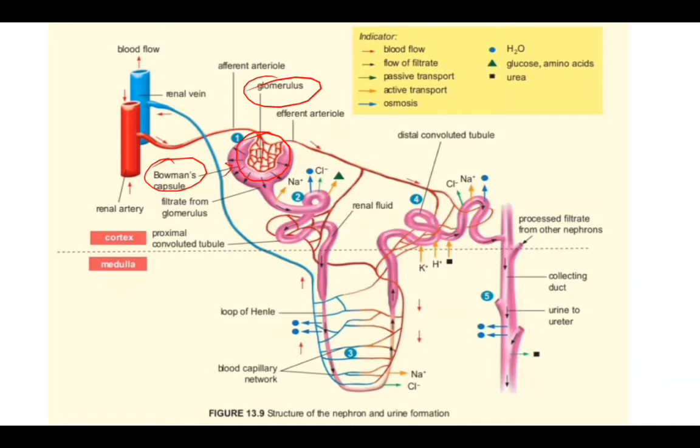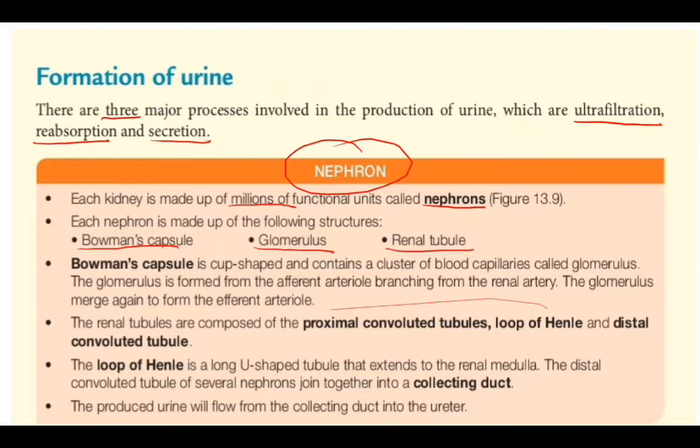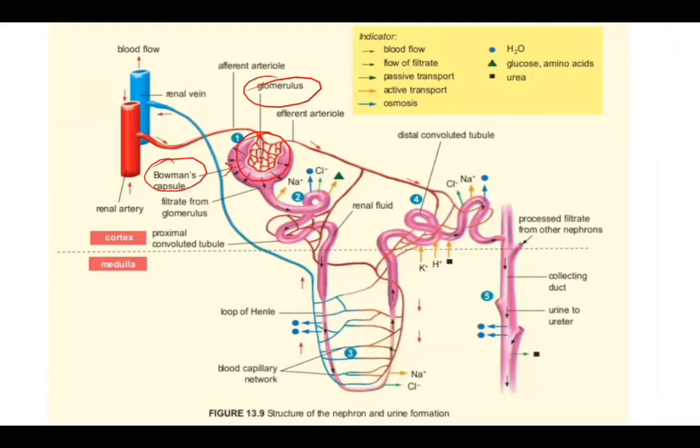And also the renal tubule. So the renal tubule is composed of the proximal convoluted tubule, loop of Henle, and distal convoluted tubule. So this is the proximal convoluted tubule, loop of Henle sini, distal convoluted tubule. So itu semua adalah renal tubule.